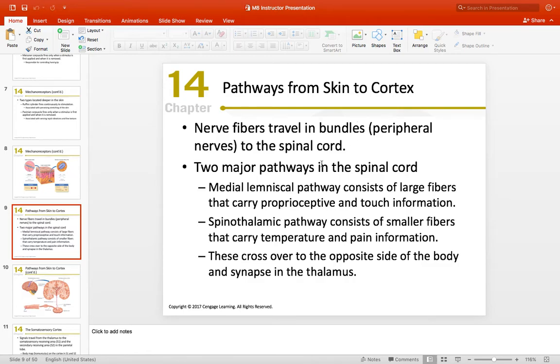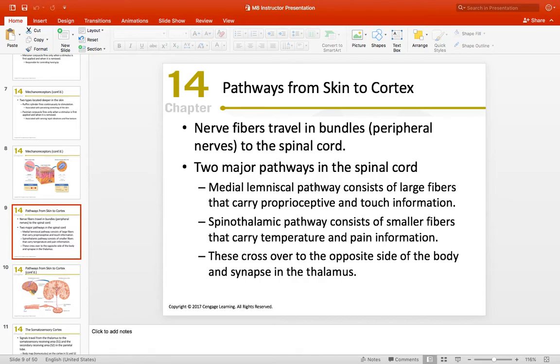Also note the major neural pathways of the somatosensory system. We have two major ones. The medial lemniscal pathway, and remember, the nervous system is essentially divided up into sensory and motor regions, and the sensory regions basically start out in the distal or peripheral areas. In other words, out there, let's say in your hands, your arms, your legs, your feet, and those signals come inward, medially towards the middle to the spinal cord, and then they go up to the brain.